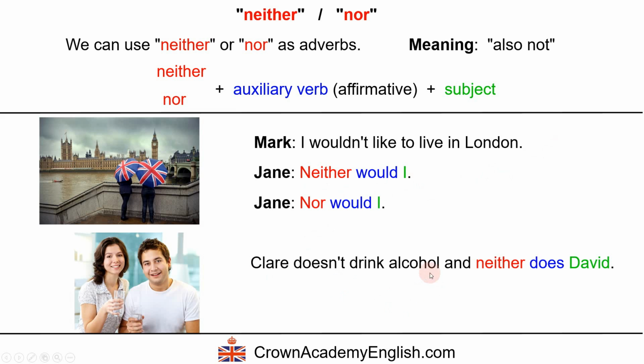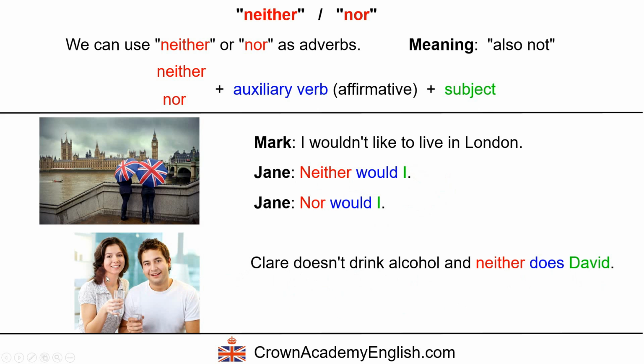Claire doesn't drink alcohol, and neither does David. Sorry, here, this is the alternative. Nor would I. So it's exactly the same, but we use nor instead of neither. So both of these are correct, and you can choose which one you want to use. Personally, I prefer neither. So this example, Claire doesn't drink alcohol, and neither does David.